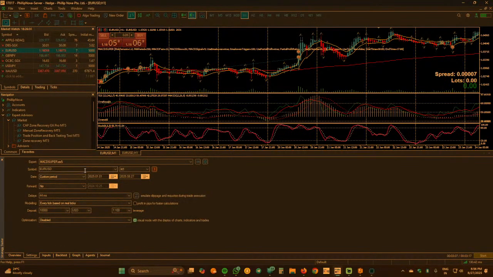So I'll do one thing. I will place a backtest for a longer period on M15. Let's do M15. I like M15 for the last 5 years, and I'll just keep it for the last 5 years.